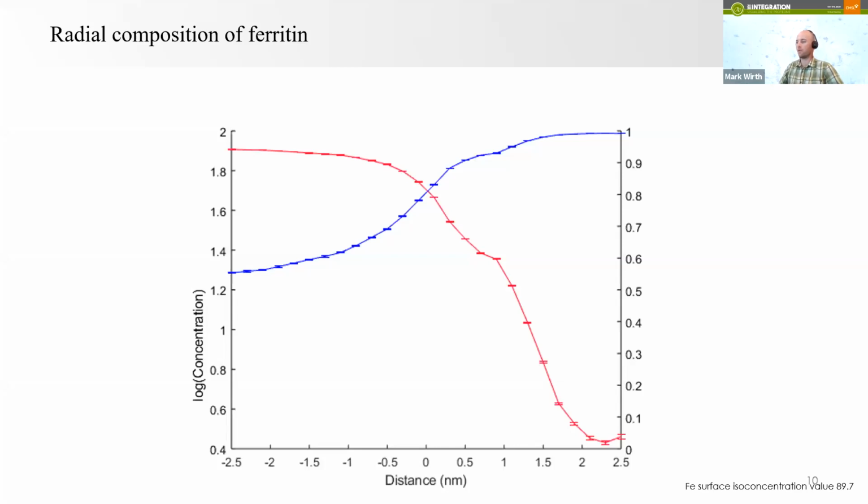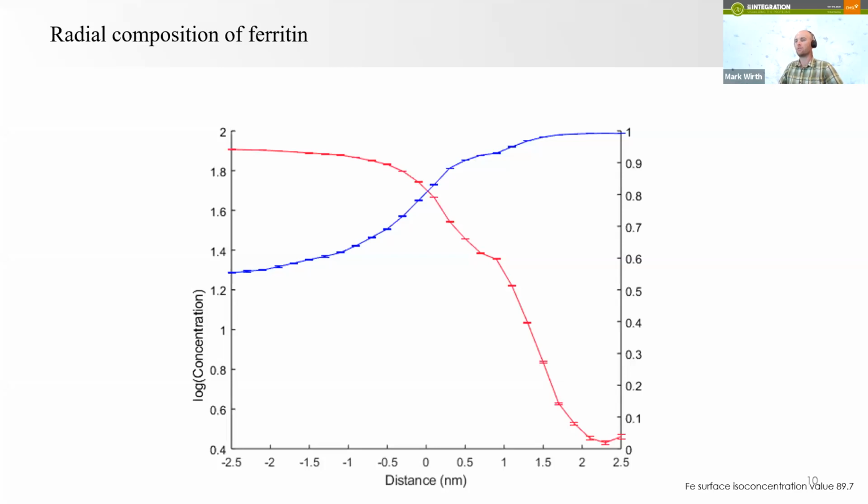It works like this: if you imagine you're at the surface of one of those iron cores from the previous slide, if you move out away from the surface, you should see increasing concentration of resin and decreasing concentration of iron ions. If you're moving to the left in this plot, that's exactly what's happening. The resin concentration is increasing, the iron concentration is decreasing.